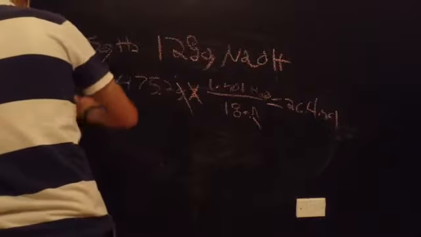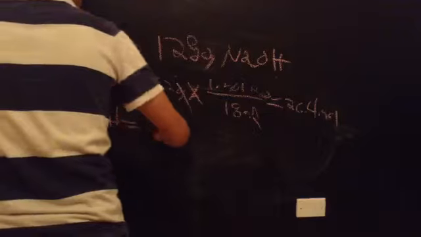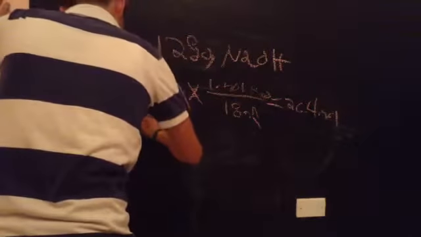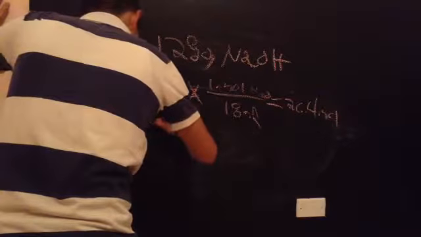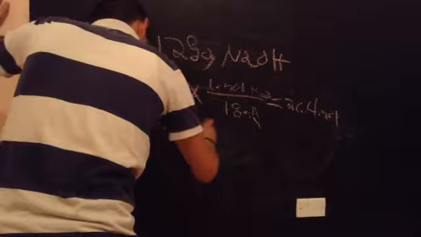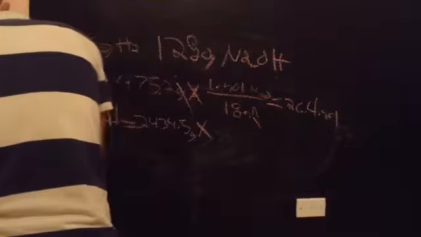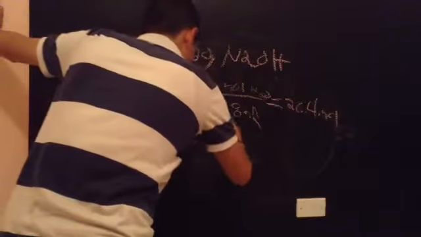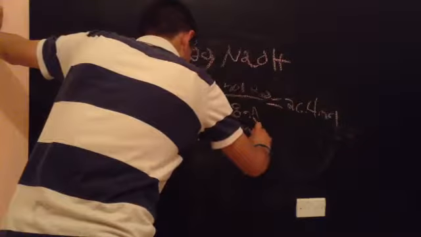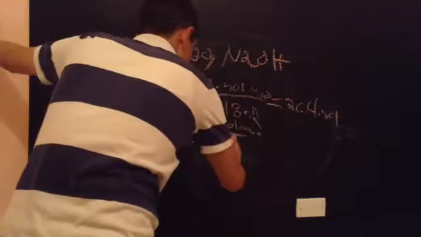So sodium hydroxide would be different. That would be equal to 2,434.5 grams times 1 mole of NaOH, over 40 grams, which is the molar mass.